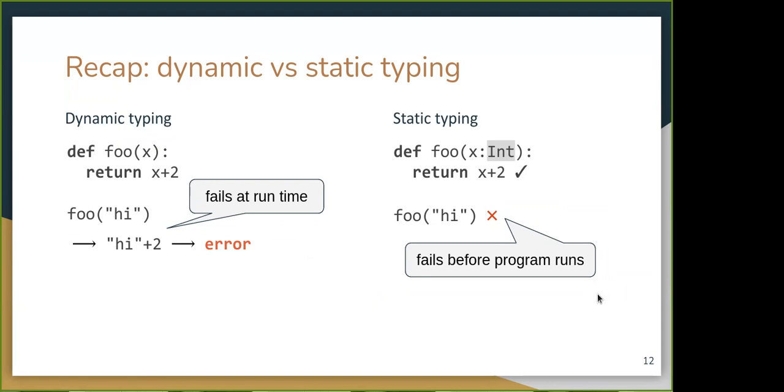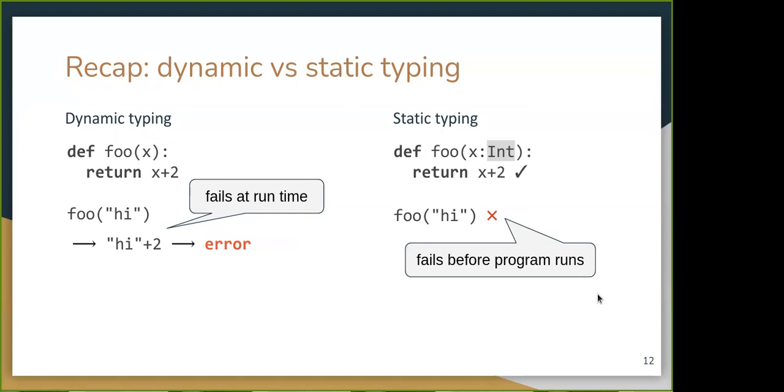We talked about types and legal operations, and we know that sometimes we just don't know how to deal with something like a string plus integer. This is a nonsensical operation. And in dynamic programming languages, these kinds of operations usually end up with a runtime error.